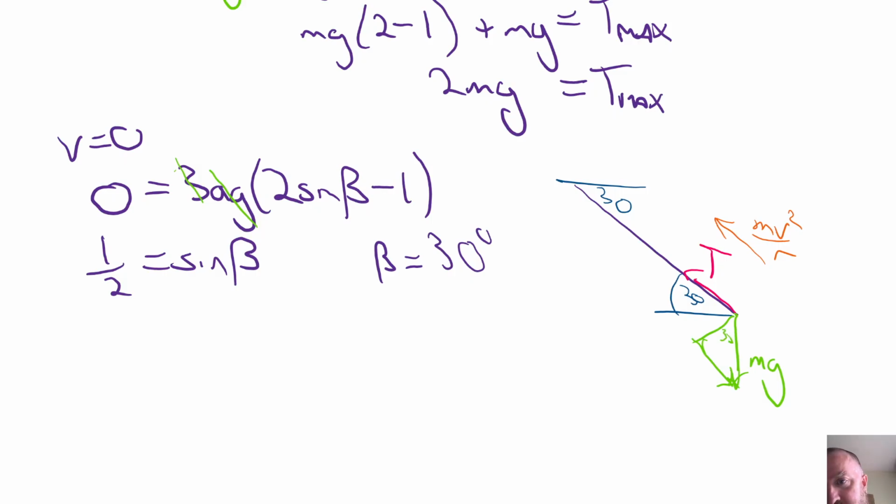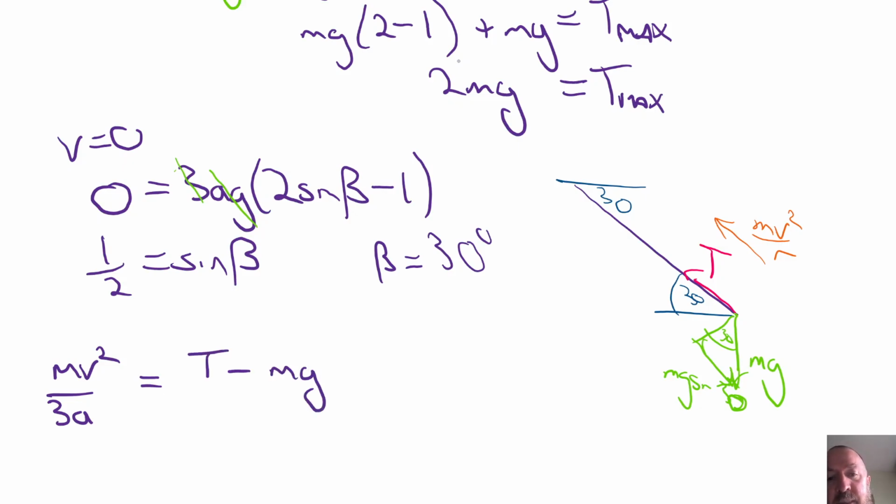So that's 30 there, so it'll be mg sine 30 against tension. So our mv squared over r, over 3a, that's our r, is T minus mg sine 30.